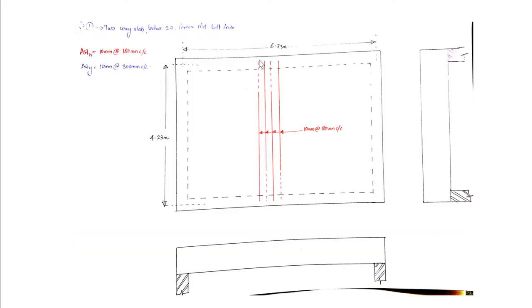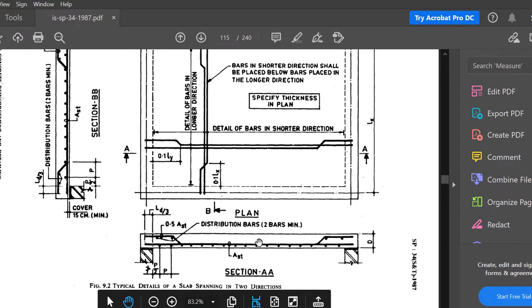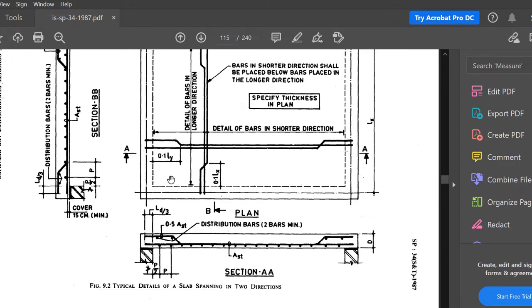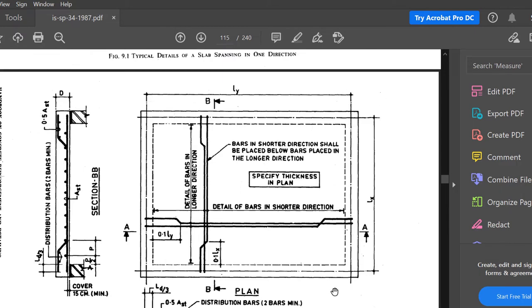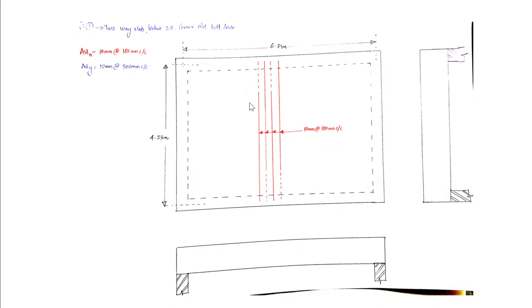That is, here we will place it like this, and this distance is 0.1 L, as you have seen here. You can see for one-way slab in both direction, here at 0.1 LX and 0.1 LY, where LX and LY they have shown it as the center to center distance between the supports. So you can see here at 0.1 LX we have bent one and it is going straight, other is going like this.